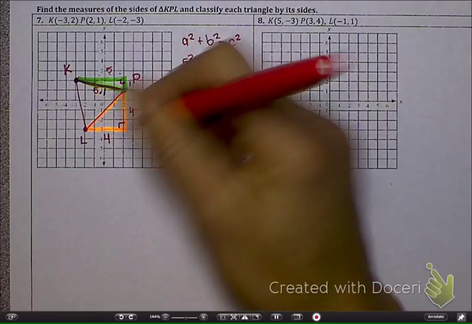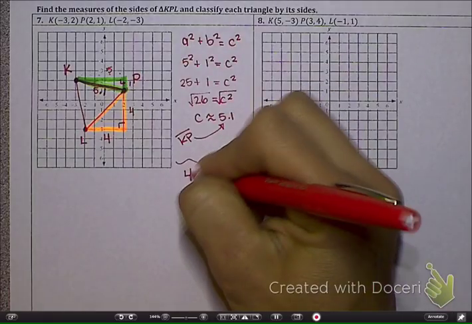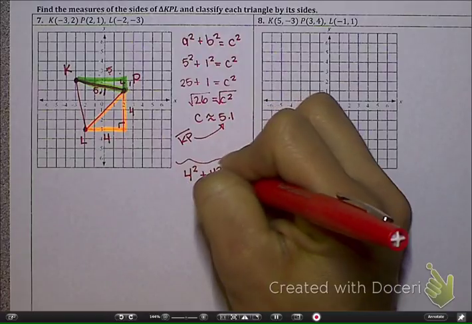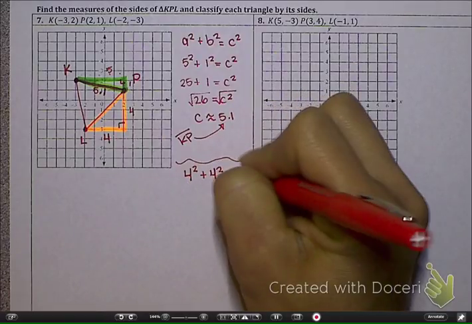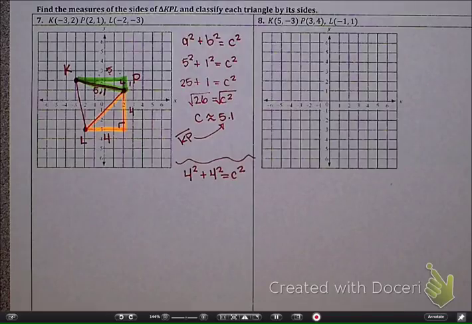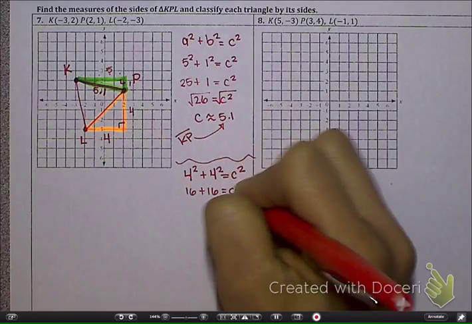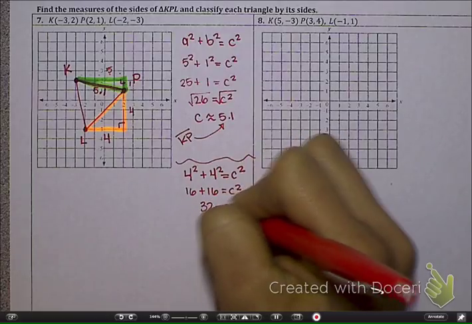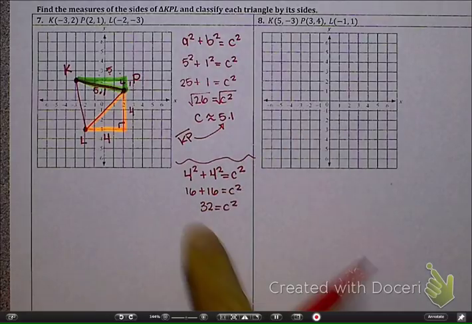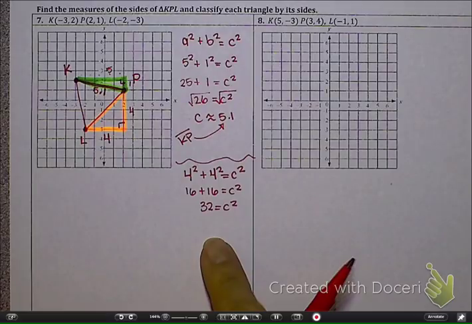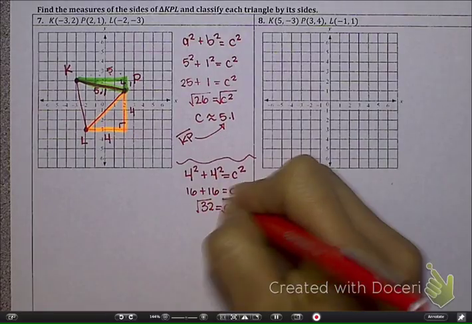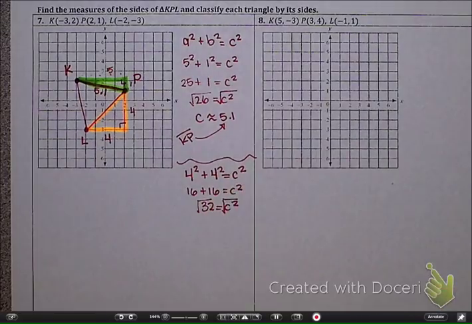Okay, so now let's go ahead and plug these ones in. So 4 squared plus 4 squared equals c squared. Okay, and now I get 16 plus 16, which is 32. And it's obvious right now that these are different lengths, right? But I'm going to go ahead and approximate it so I know approximately what the length of this side is.